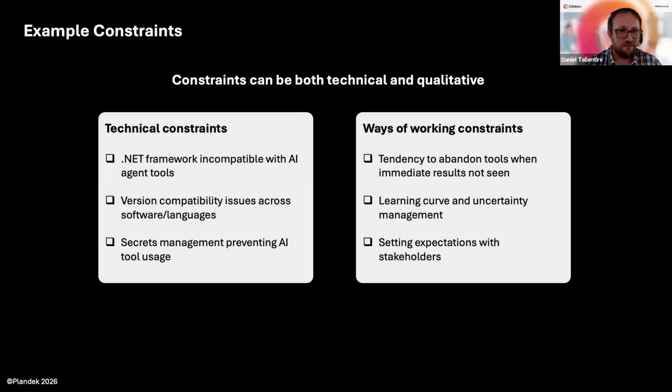And then sometimes, maybe the way that you manage your secrets prevents the AI tools from using your test suite properly, or using the CI pipelines properly. Thinking about those sorts of things and eliminating that constraint, being able to run things independently, means that you can unlock different tools in a better way.